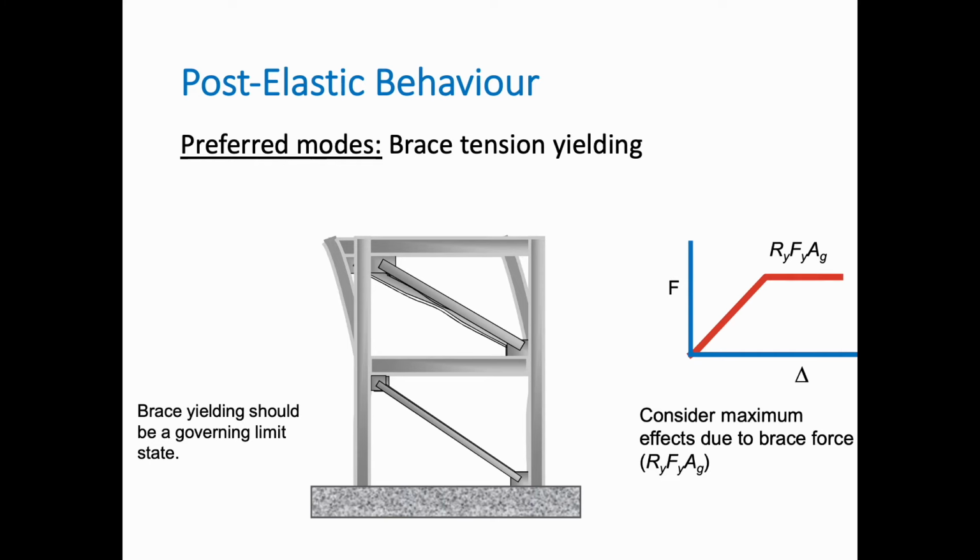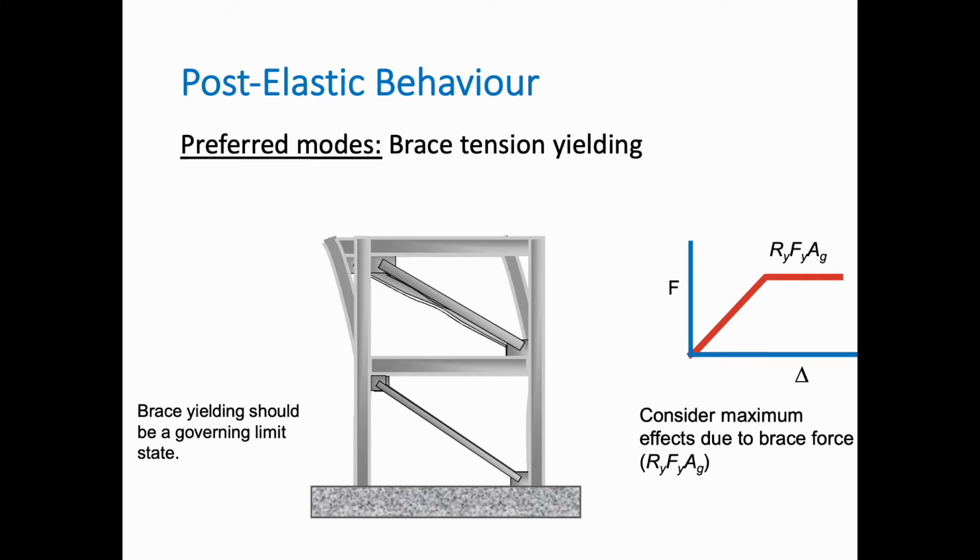Now, some of the preferred modes, one of these is the brace tension yielding. So if we get enough elongation, we will get the yielding of the bracing member, and in case the gusset plates and the connections do not fail, this is a favorable behavior.